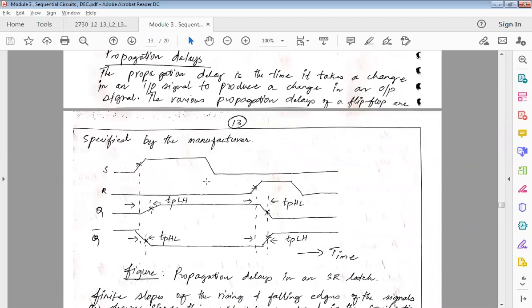Let me mark it. See, at this point I want high value, but I am not getting that high value at that point, right? Am I getting high value at that point? No, it's still in the transition phase, right? But I am getting that high value at this point.